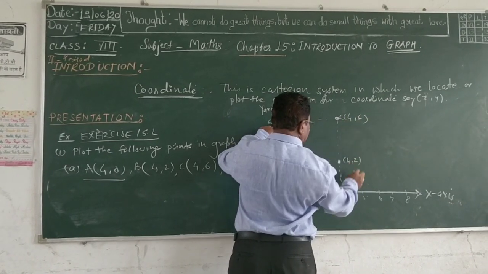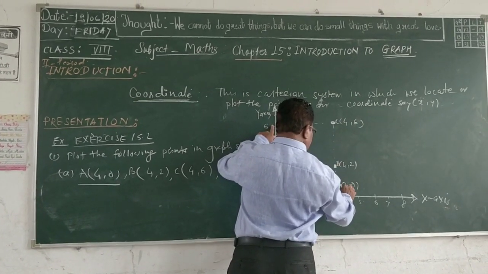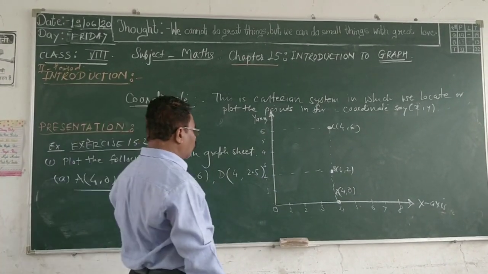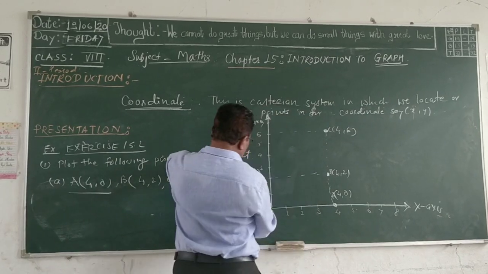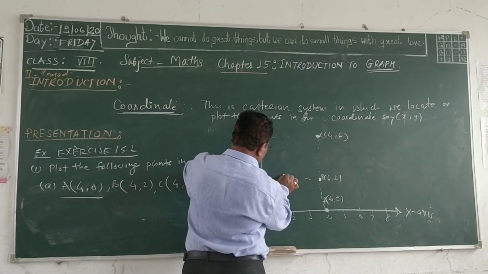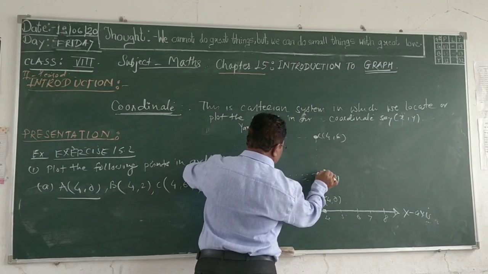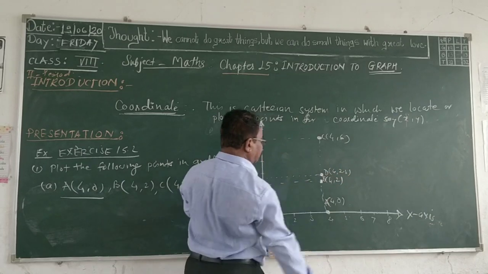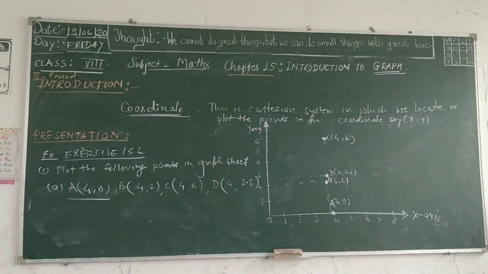This is point C, this is point B, and this is point A, and the last point is D, 4, 2.5. So 2.5 is between 2 and 3. So here is the point D, 4, 2.5. So these are the 4 points.